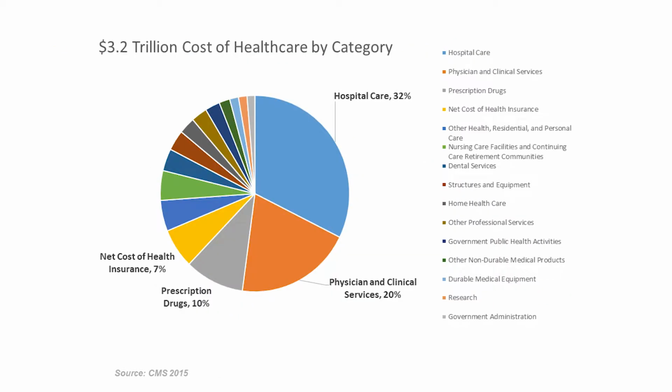So just to break that down, $3.2 trillion cost of healthcare, and by category, you can see by far most of that is spent on hospital care with 32% of the total, and then physician and clinical services with 20%, prescription drugs 10%.